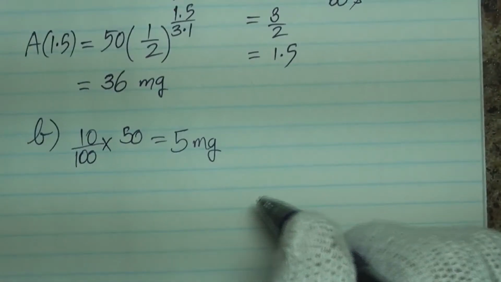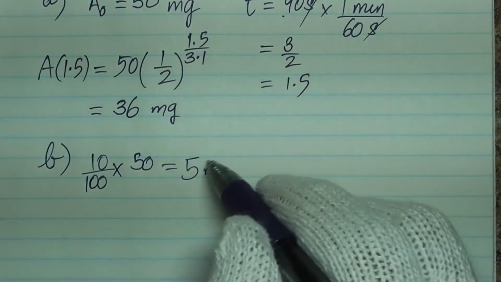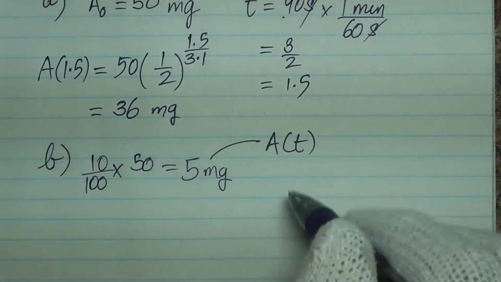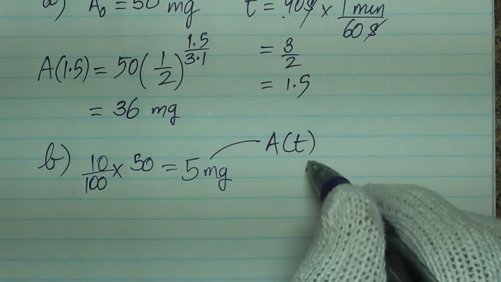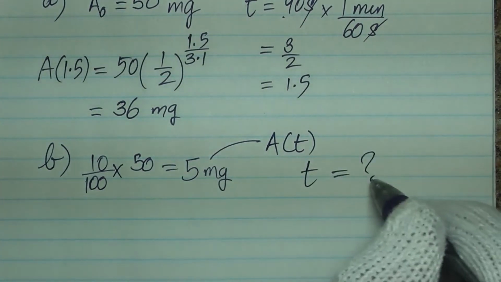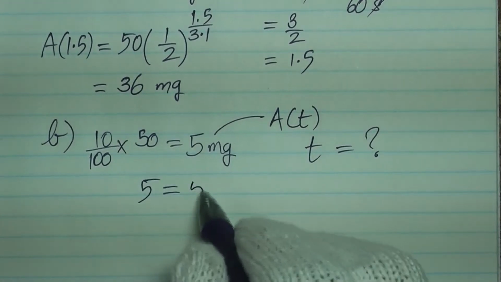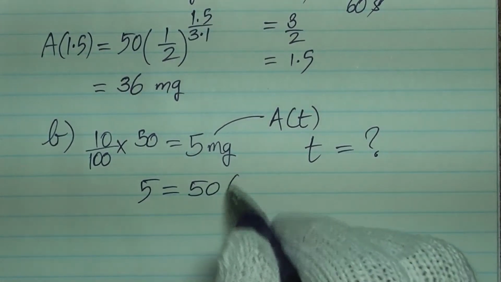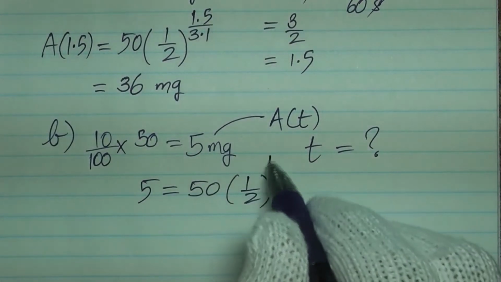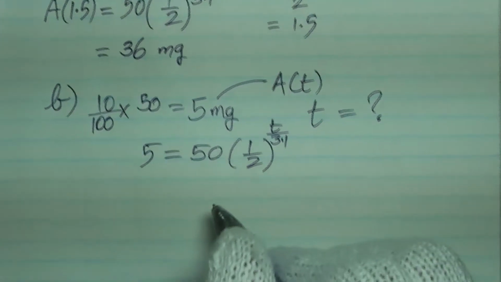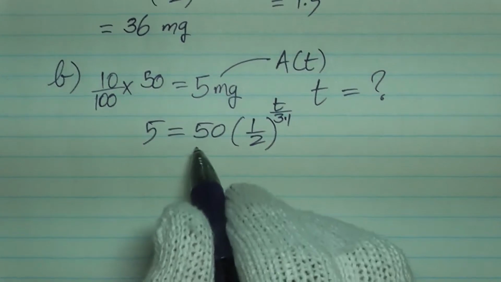Essentially what we're trying to find out is, this is A, we want to find out what T is. So we have 5 equals 50 to the T over 3.1. So I'm going to divide out the 50.